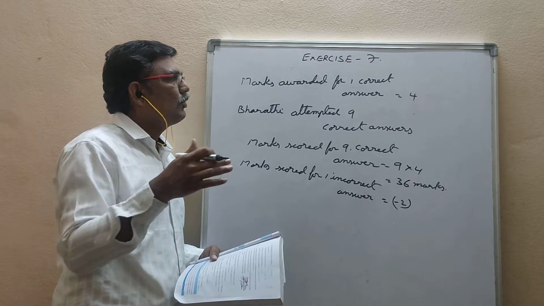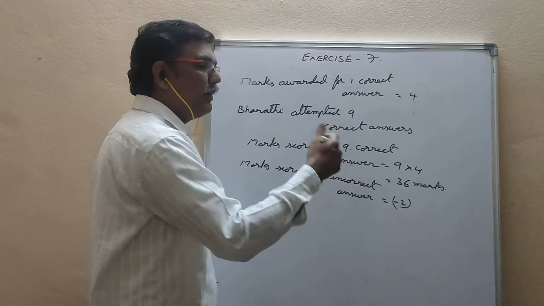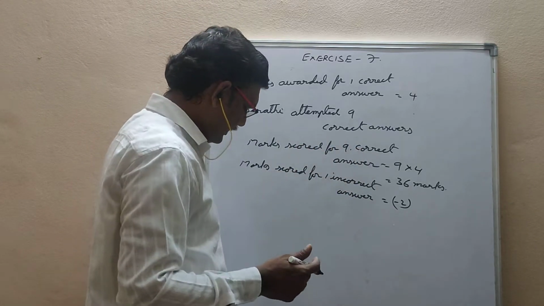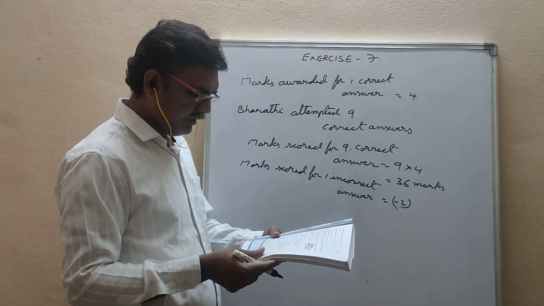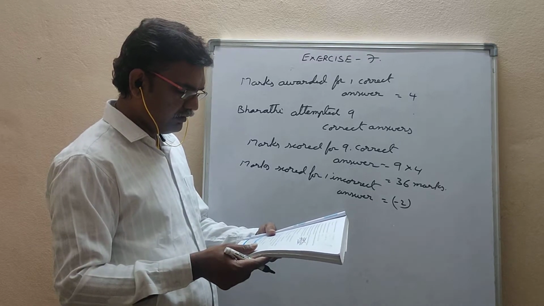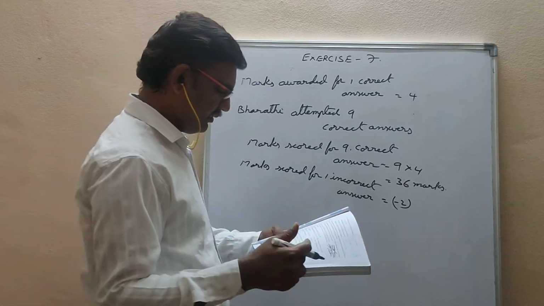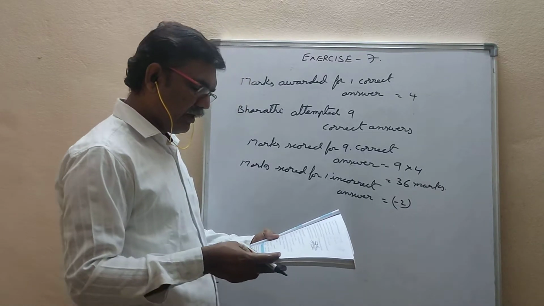Okay. So total 15 questions. Out of 15, 9 are correct means how many will be wrong? See, total questions are 15. 9 correct. Means remaining what? Remaining are wrong answers, because she attempted all questions.